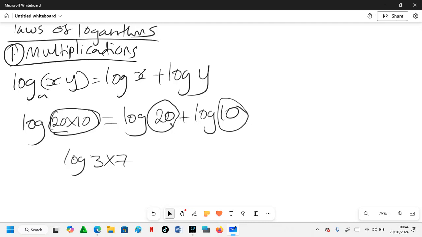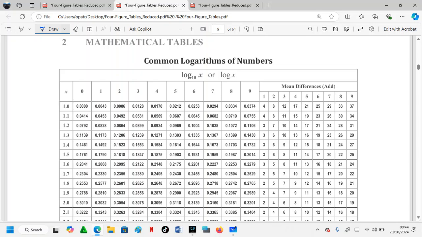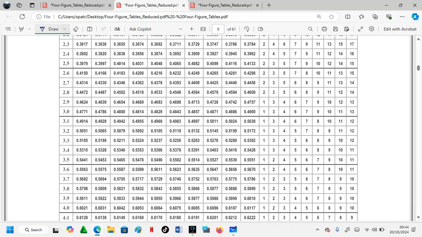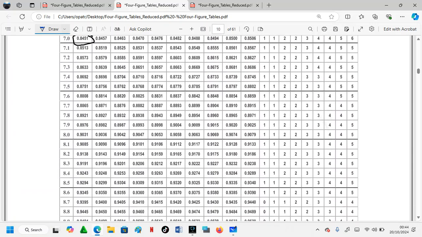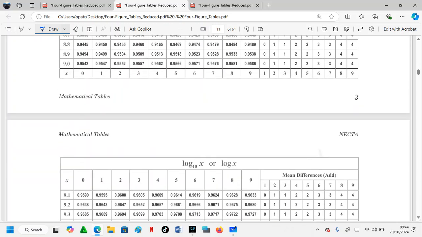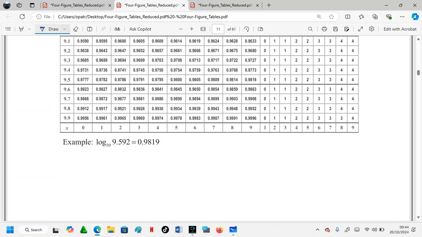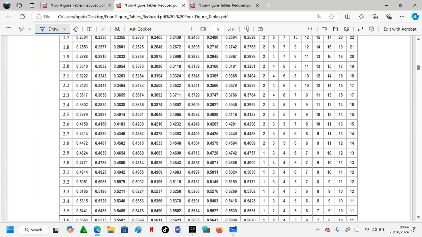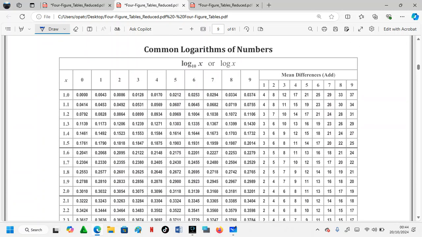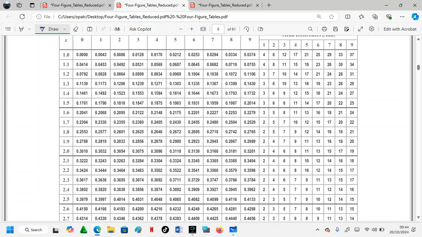Now, if you look at the table of logs here, you'll find that it goes up to 9.9. That is the farthest you can go. Past that, it is anti-log. So it's always very wise to ensure that you have a number that is less than that.